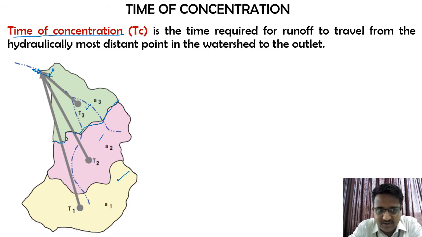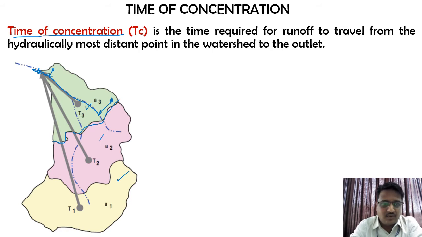Similarly, imagine if the rainfall is occurring at this point, then the runoff will take more time to reach this open channel, then move towards this drainage, and then end up at the measuring point.